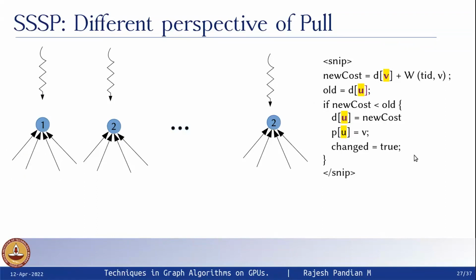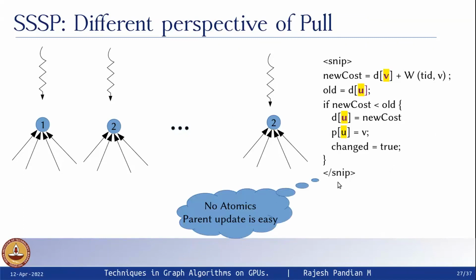This use of pull will help in many cases, because here we can see that there are no atomics, and updating the parent array is easy. I purposely did not show the update of the parent array in the push version.